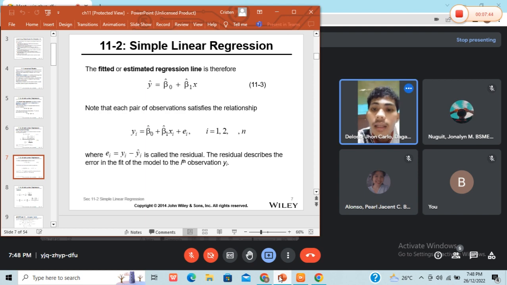The residual describes the error in the fit of the model at the ith observation.